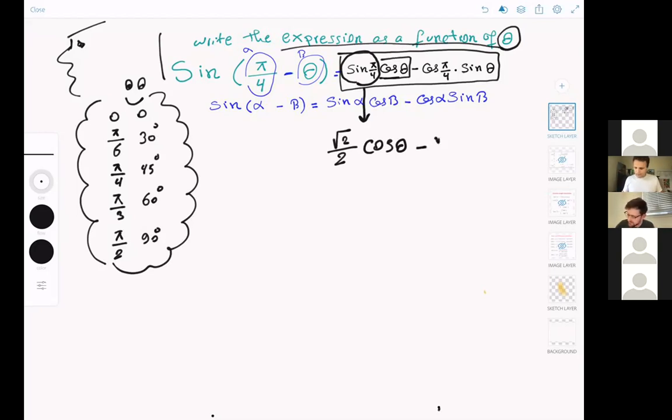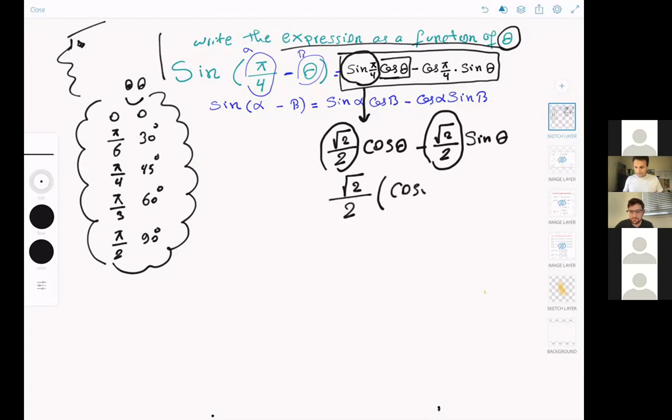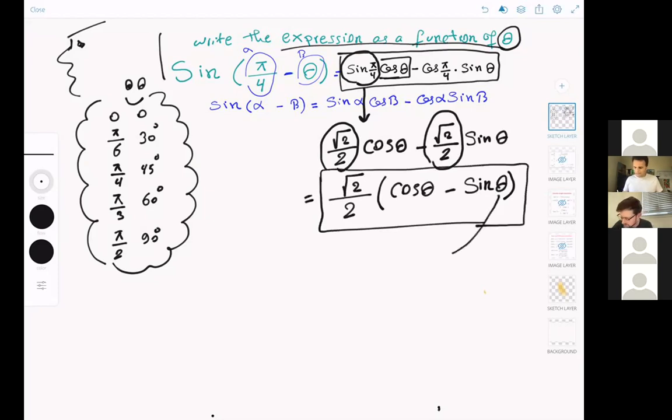Minus cosine of pi over 4 is radical 2 over 2 times sine of theta. Now I can factor radical 2 over 2 from both sides, and I get radical 2 over 2 times parenthesis cosine of theta minus sine of theta. So we are done. We wrote it as a function of theta. Here's theta, here's theta.